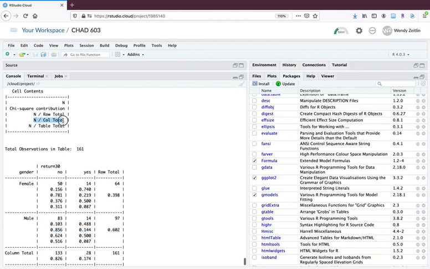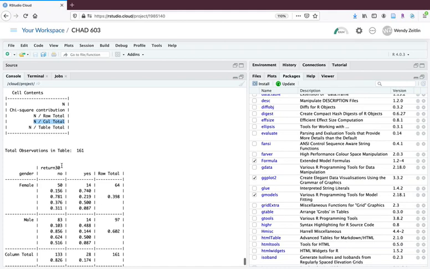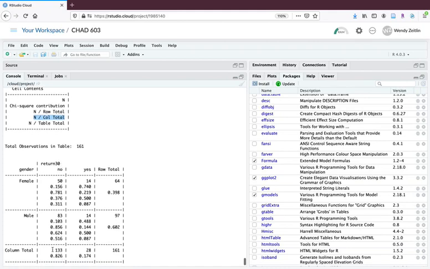So the column gives us the n divided by the column total. So the column total is this. This is saying 133 patients were not readmitted. And that means that 82.6% of our sample was not readmitted, whereas 17.4% were, which is a total of 28 patients.